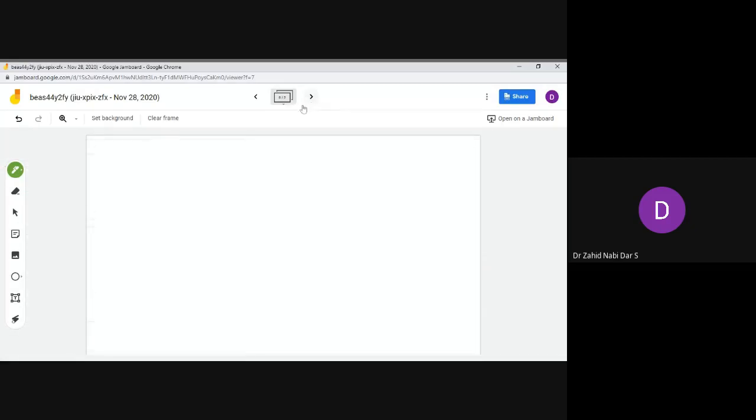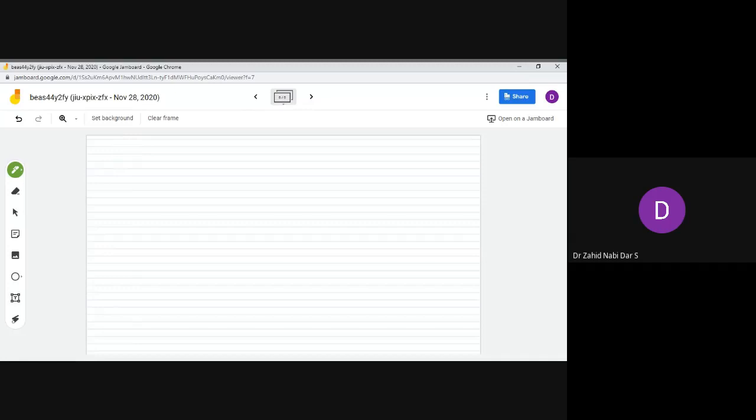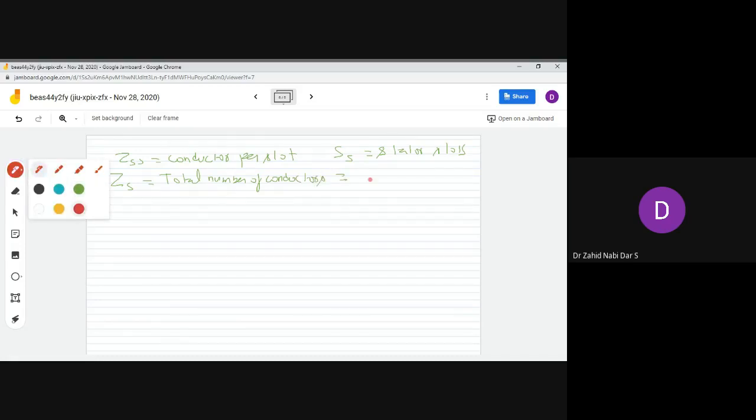basically, see here, ZSS is equal to conductors per slot, SS is equal to stator slots, and ZS is equal to the total number of conductors, which is nothing but ZS equal to ZSS into SS.